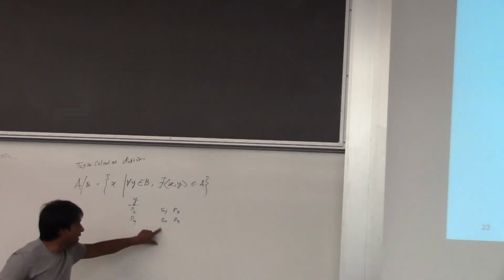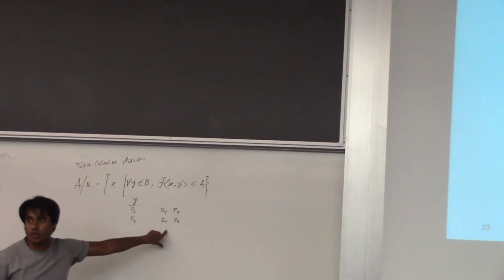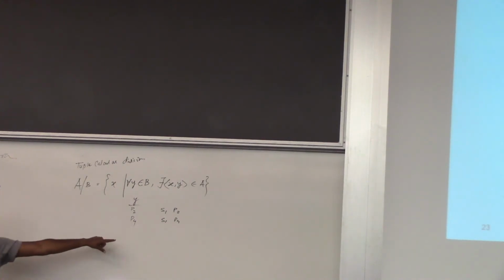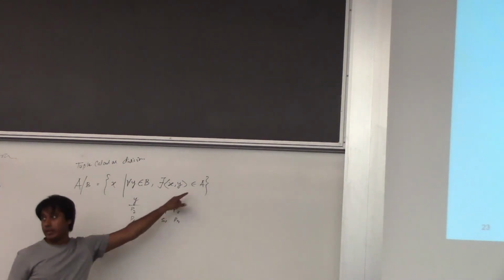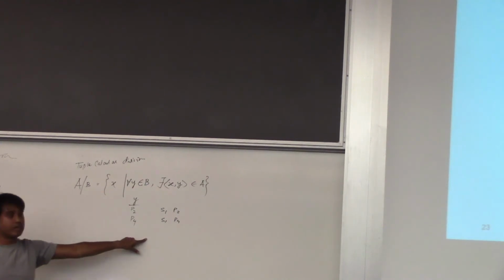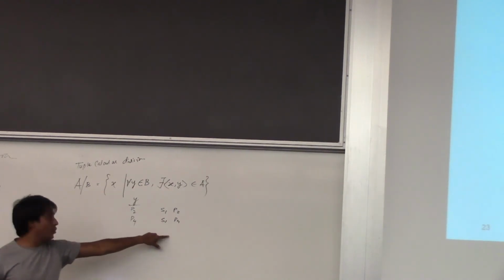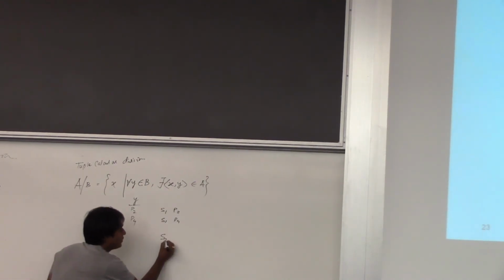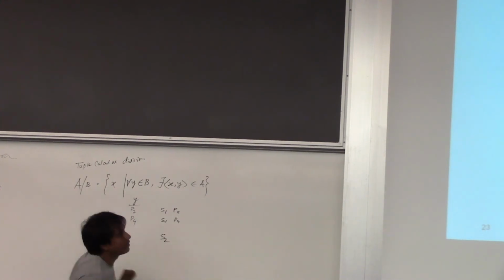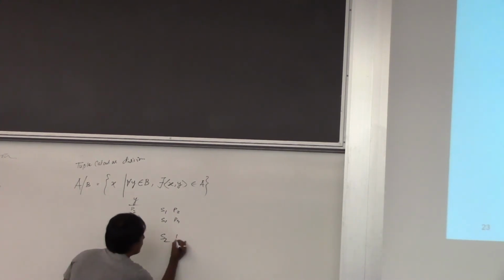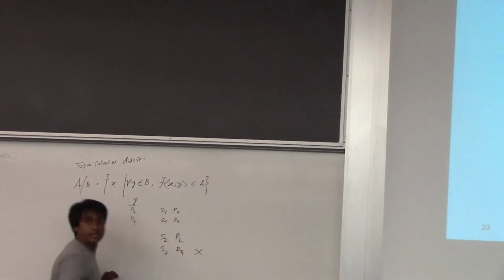Then this x gets qualified because both of them are present in A. You can see that, right? Similarly, for S2 there is P2, but S2, P4 is not there.